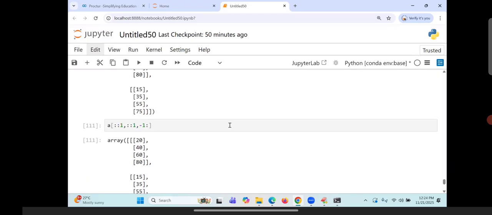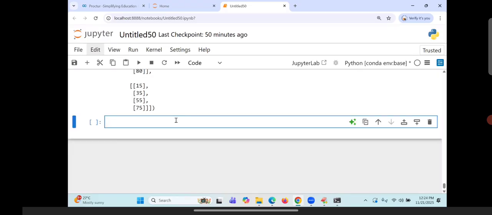Okay. Now I will give you one more bigger matrix I'll prepare. Please observe it.